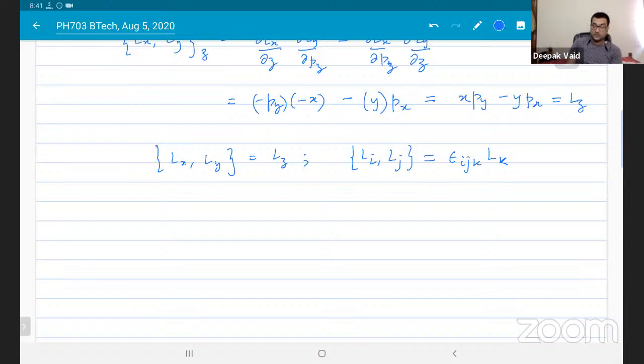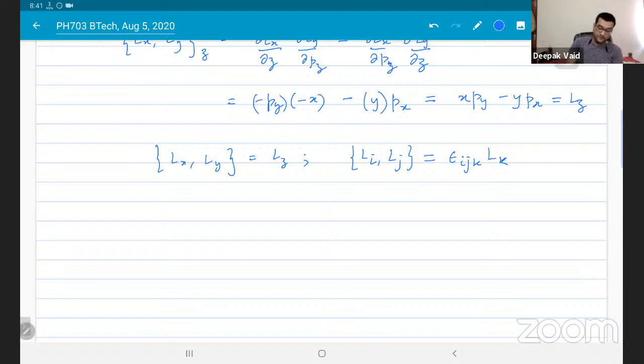Now, this is for the classical functions. But the thing is that it doesn't matter what the Poisson bracket really is, because it ultimately does not affect measurements, right? In classical physics, you can have two quantities which have non-zero Poisson brackets, but you can still measure those quantities simultaneously.